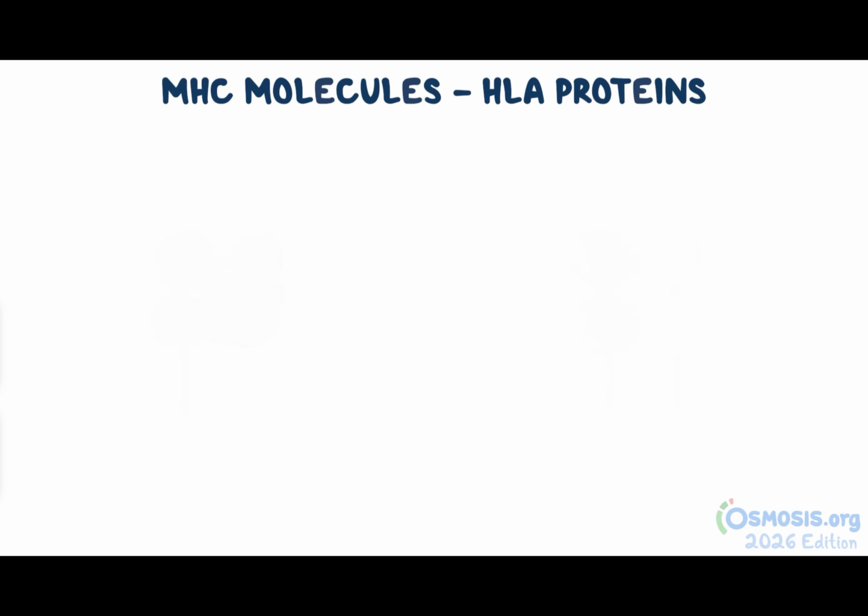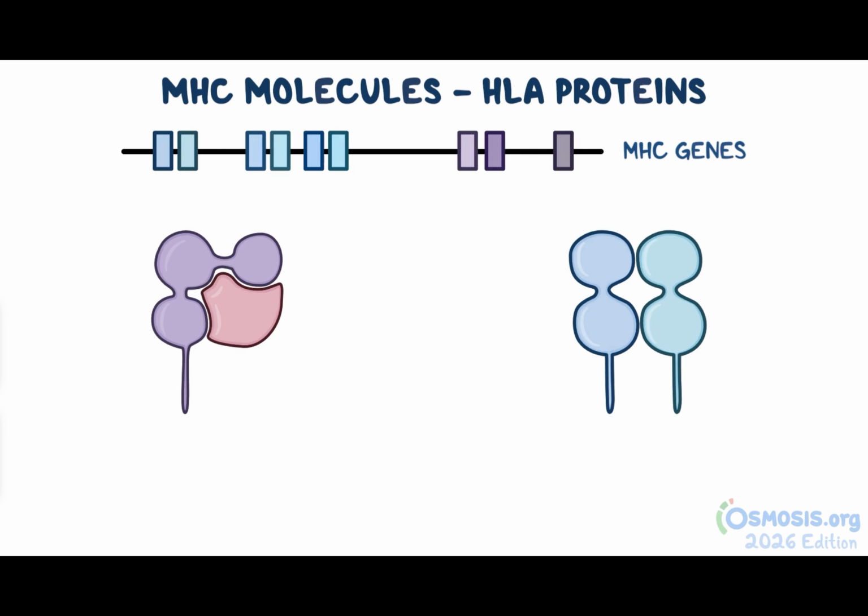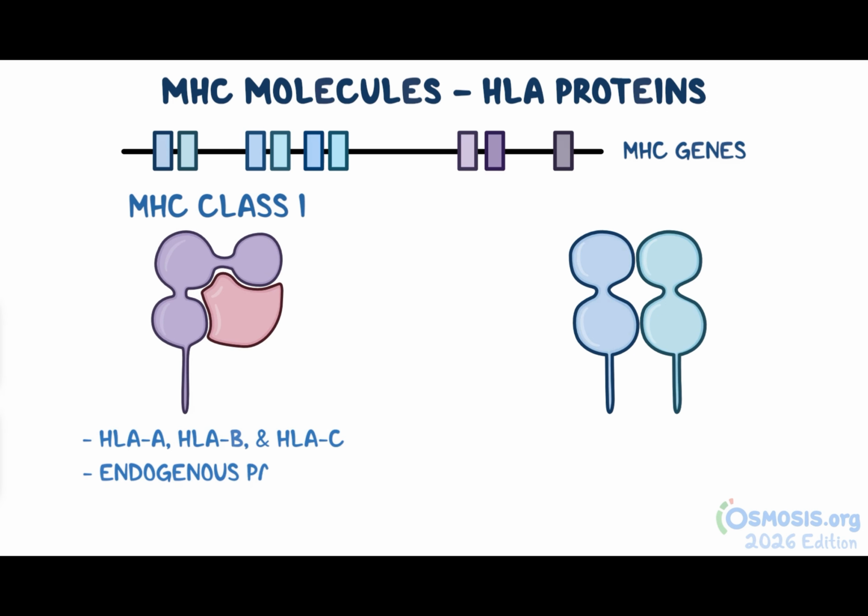All right, so to recap, the MHC molecules, or HLA proteins, are encoded by MHC genes. MHC class I molecules include HLA-A, B, and C, which are present on all nucleated cells throughout the body. They use the endogenous pathway to process intracellular antigens into proteasomes and present them to CD8 positive cytotoxic lymphocytes.